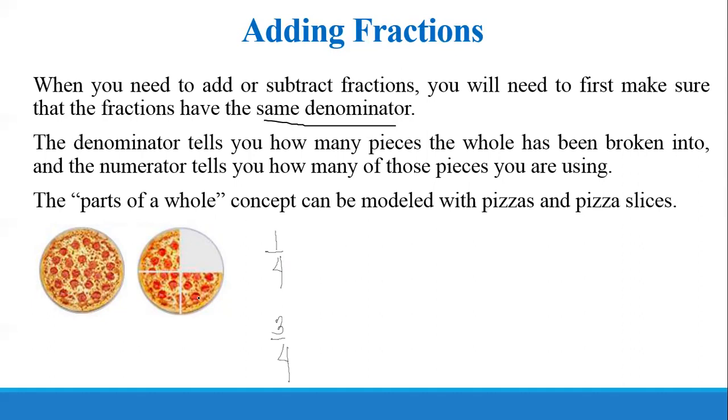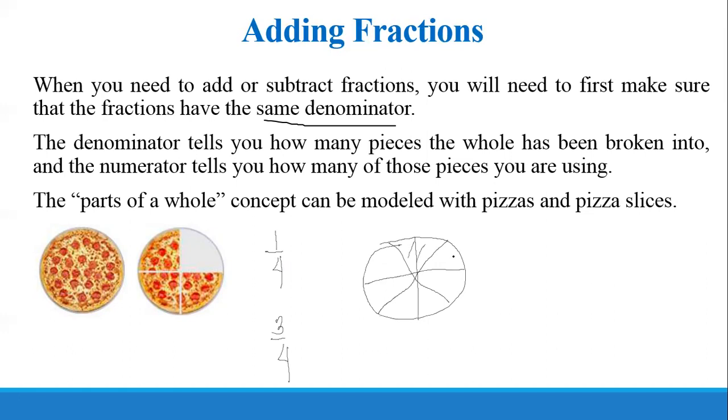So what if you have another pizza that had been cut into 8 equal parts and 3 of these parts were gone? For example, we have another pizza cut into 8, and 3 of those were gone.